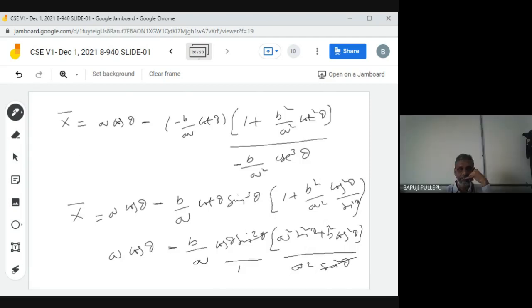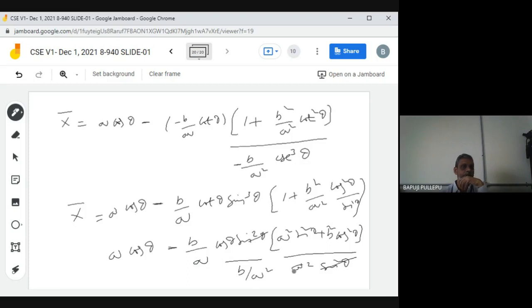Whole divided by a square is there. Then b cancels, a cancels, means a is there. Correct? Yes, sir. Then here only a square. Wait. This a will cancel. This a square will be there.